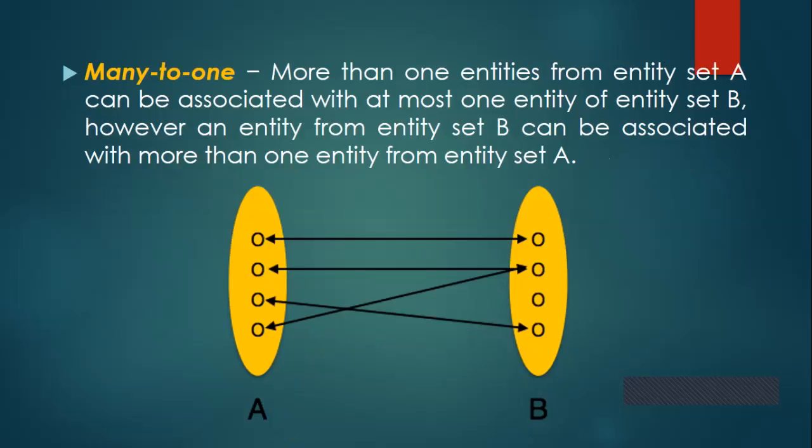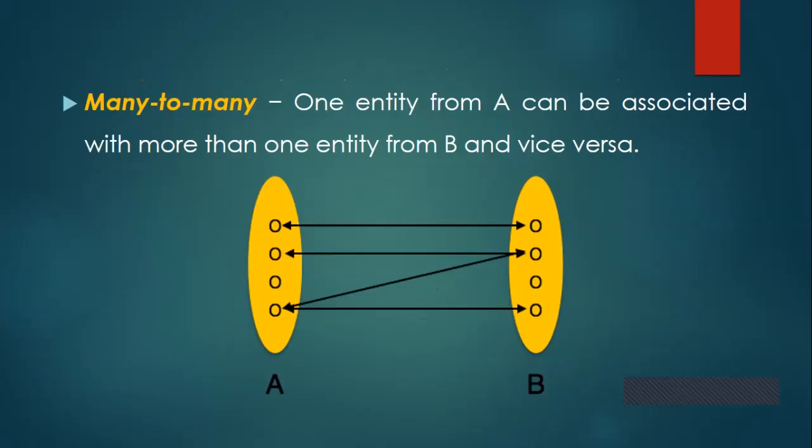Next is many to one. That is the opposite of one to many. Here one entity of set A can be associated with one entity of set B, whereas one entity of set B can be associated with more than one entity of set A. Next is many to many.